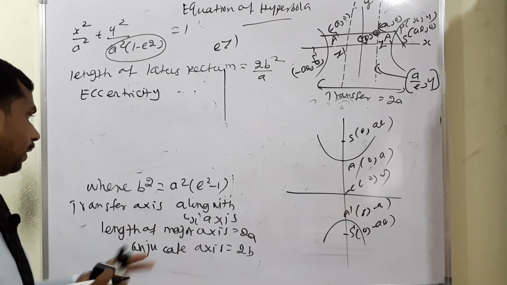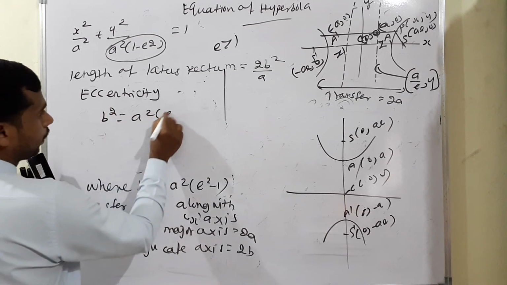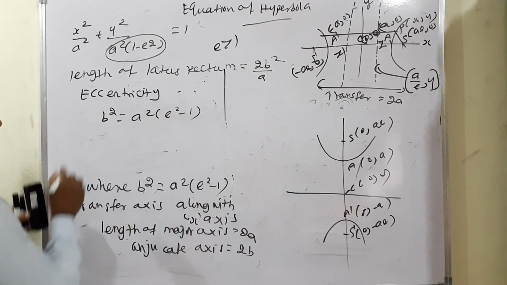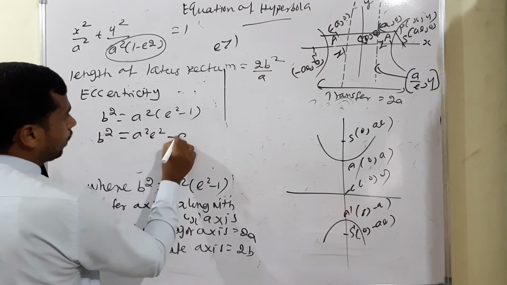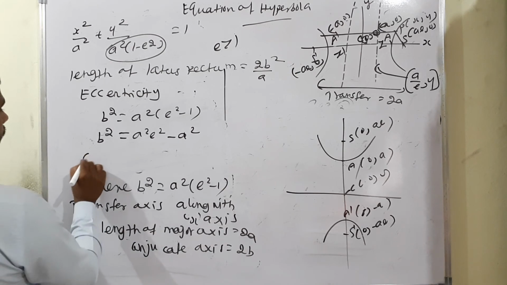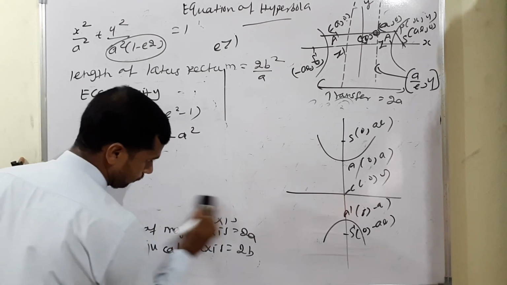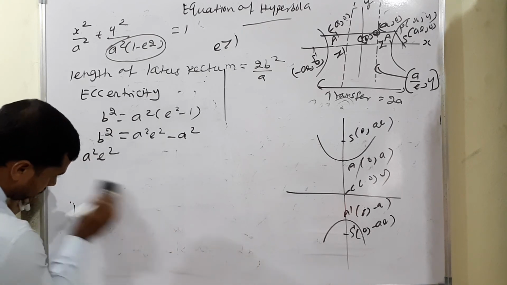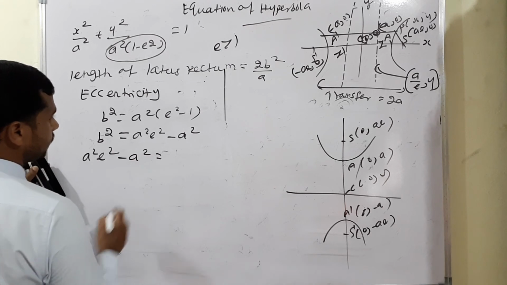But here we can check it. What is the meaning? b square is equal to a square into e square minus 1. Therefore, b square is equal to a square e square minus a square. Then, interchanging the whole term, a square e square minus a square is equal to b square.